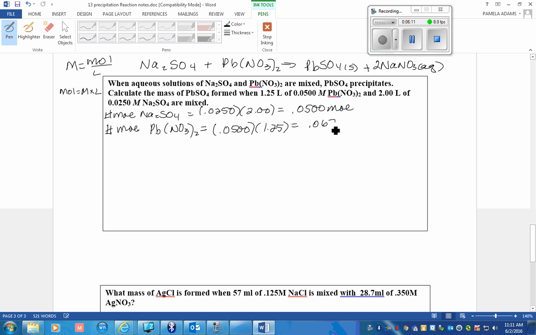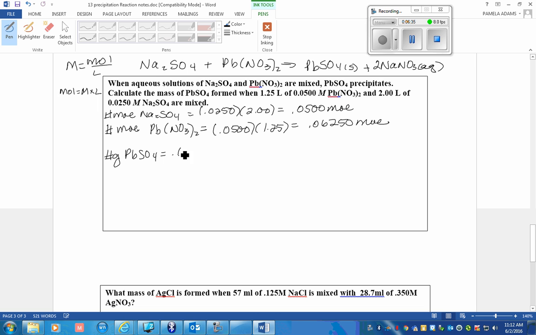It's 0.0625 moles. All right, we would like to know how many grams of lead 2 sulfate are made, and that will be the least number of grams, and that will determine the limiting reactant as well.